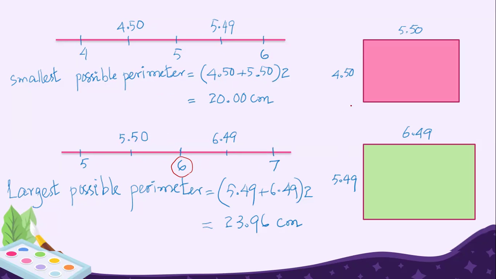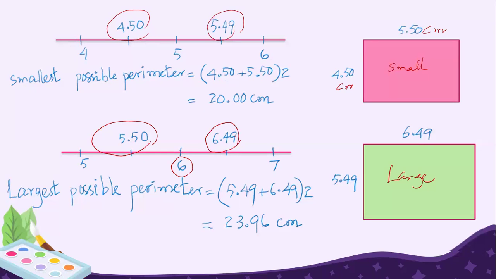So for the small rectangle, we take the two smallest decimal numbers, 4.50 and 5.50 centimeters. And for the large rectangle, we take the two largest decimal numbers, 5.49 centimeters and 6.49 centimeters.